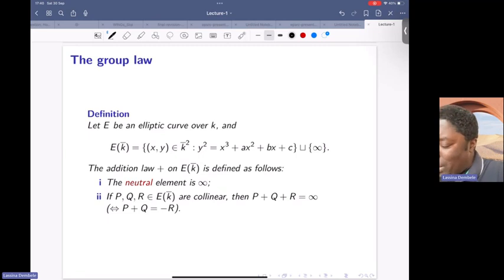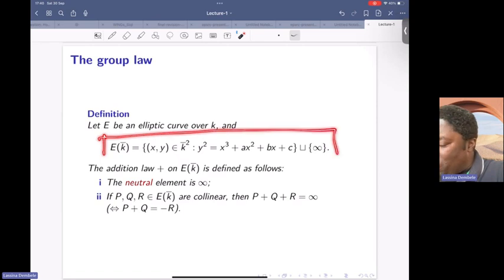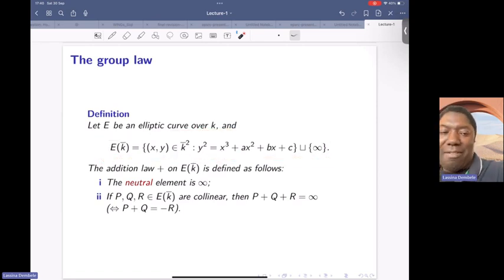So again, we want to define the group structure on all the points that are on the elliptic curve. So we take all the points with coordinates in the algebraic closure, so this would be the set of points that we have. And then the way we define the addition law on our elliptic curve is by declaring that the point at infinity is the neutral element of our law.